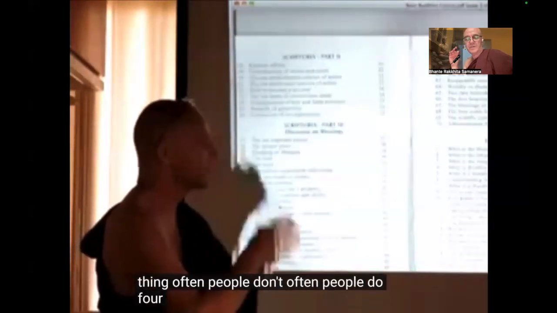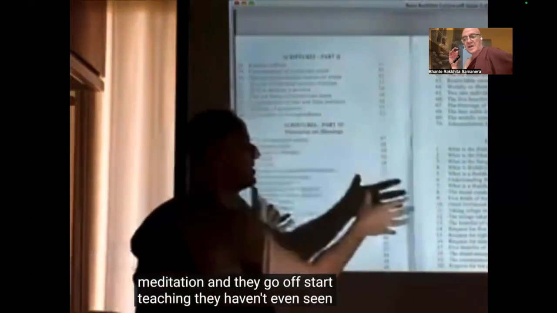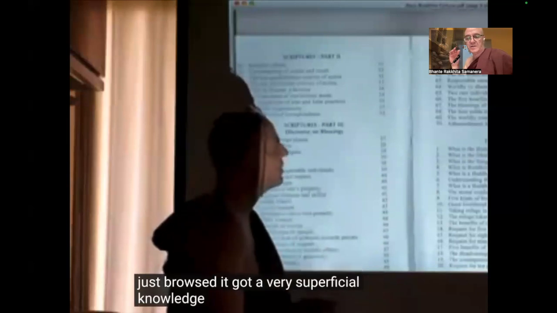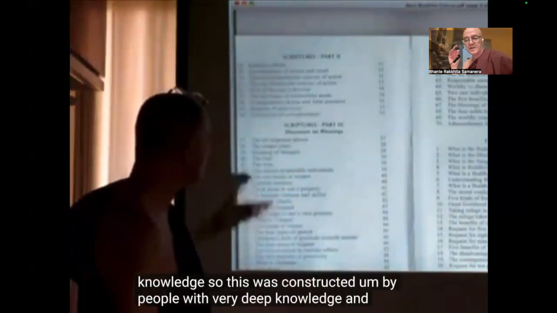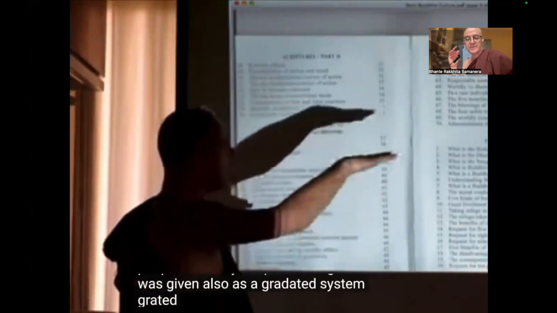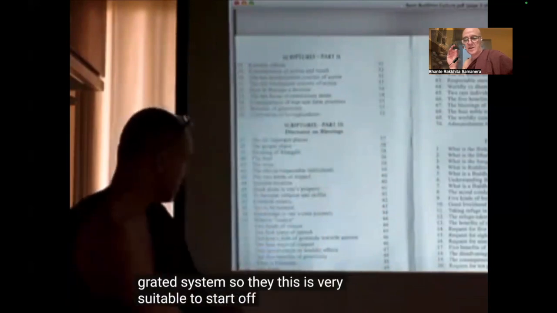Often people do 3 or 4 years of a bit of meditation, then go off and start teaching. They haven't even seen this stuff. For some of them, they've only just browsed it, a very superficial knowledge. So this was constructed by people with very deep knowledge, and this was given also as a gradated system. So this is very suitable to start off.